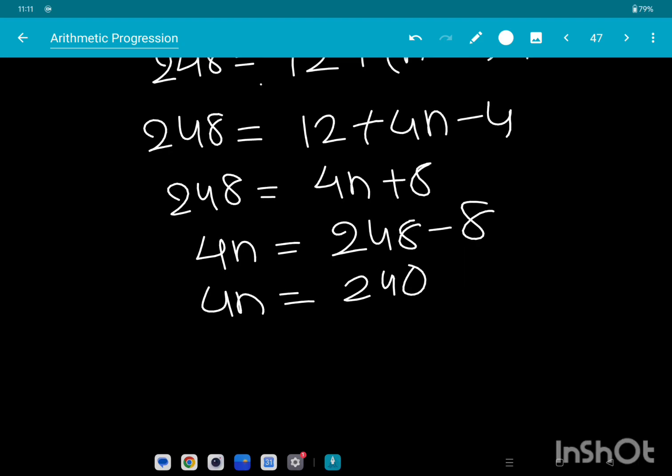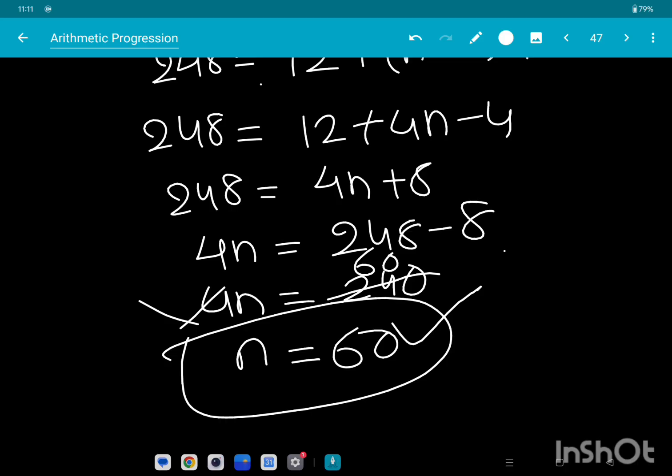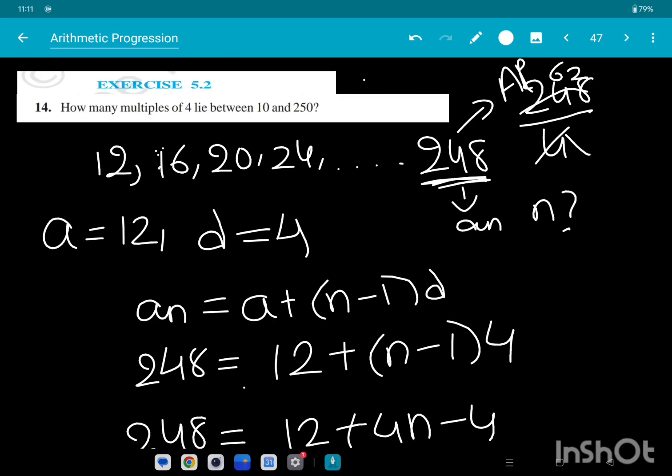Now calculate. n is equal to 4 6s are 24, 4 0s are 0. So total 60 terms are there. n value is 60. So 60 terms are there in this AP, which means the multiples of 4 that lie between 10 and 250 is 60.